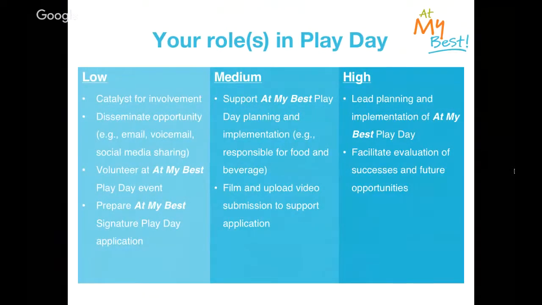So I wanted to talk about what role you might consider playing in a school's At My Best play day. There's lots of options depending on the amount of time that you might want to dedicate to this or the degree of involvement that you're looking for. So I've divided that into low, medium, and high, based on, again, that time commitment and level of involvement.